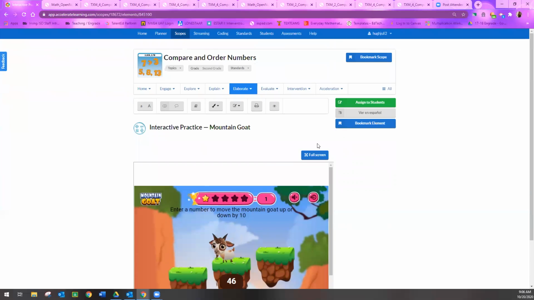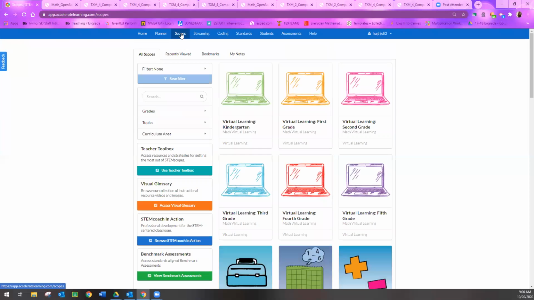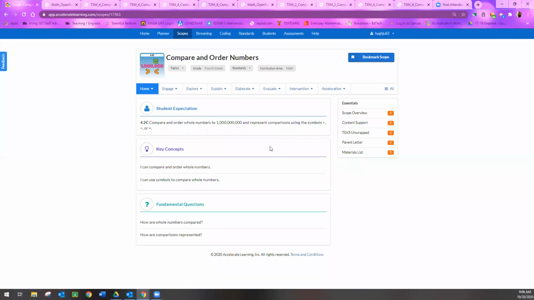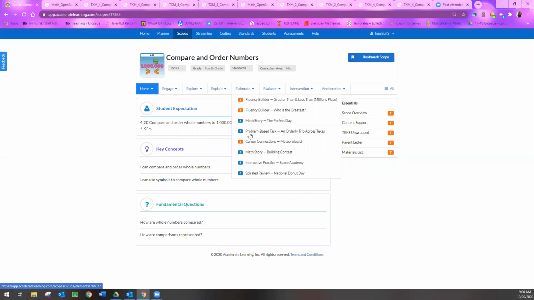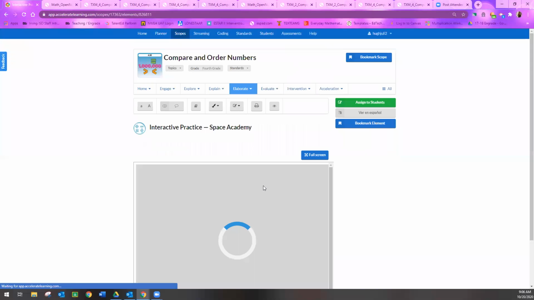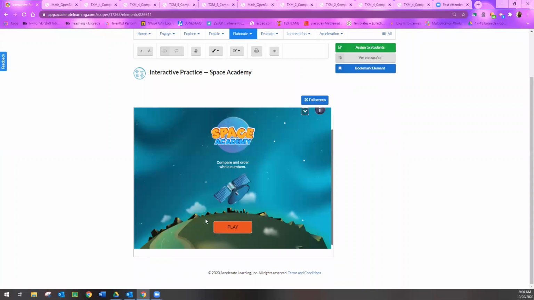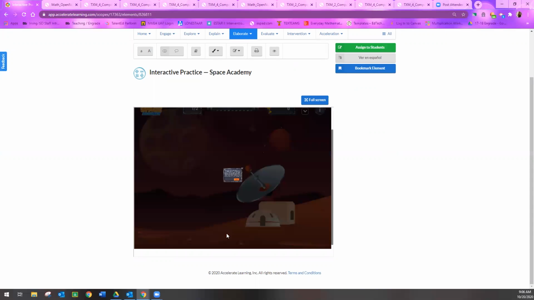If we go back to the fourth grade scopes, I go up to scopes and click on fourth grade. Under that Elaborate tab, we have the Space Academy. So you can assign them this in STEMscopes as well.